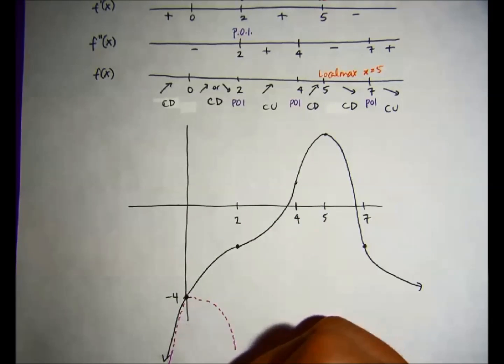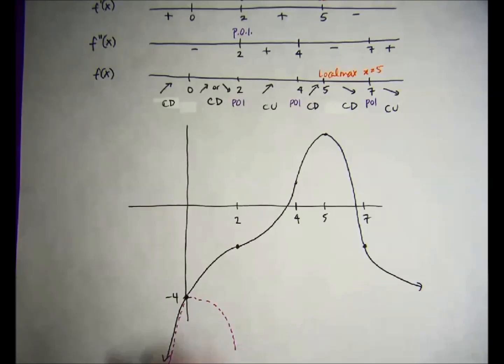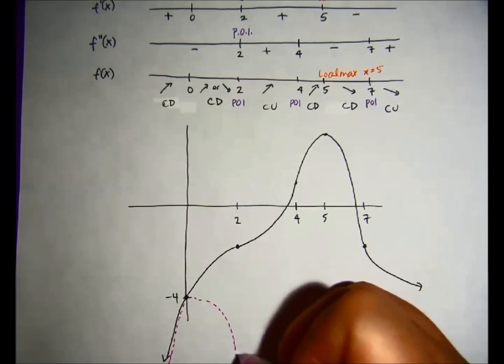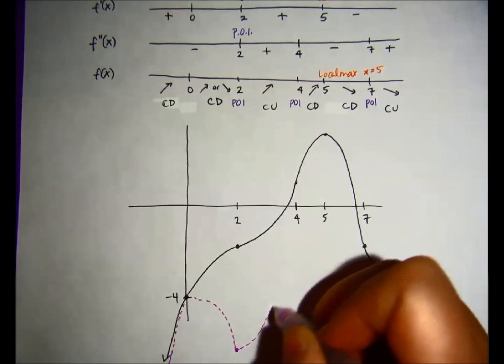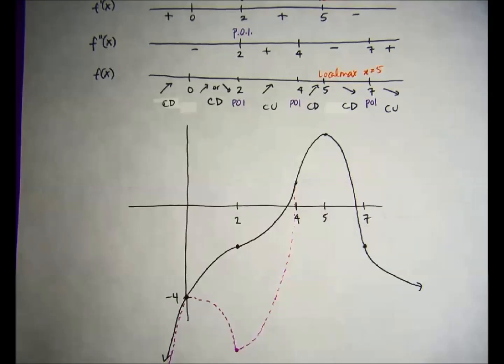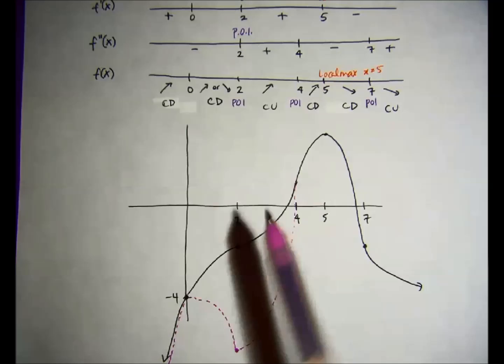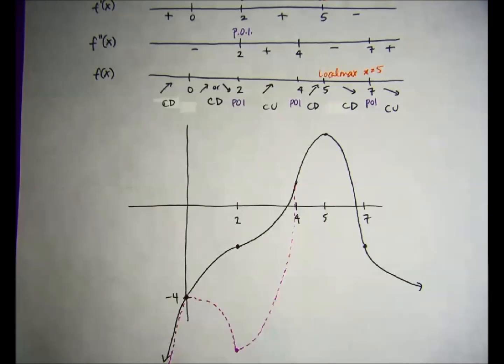And that way we still have concave down when x is less than 2. And then at this point, you would increase back up to the point of inflection at x equals 4. So this is another possibility just based on the fact that we weren't given enough information about this interval. And that's it. So let me just label here.